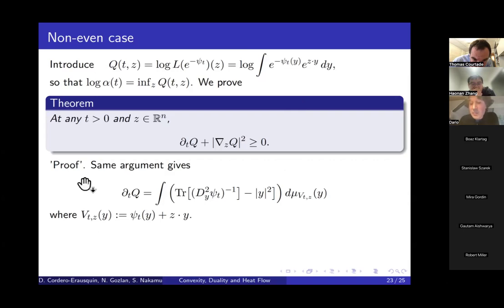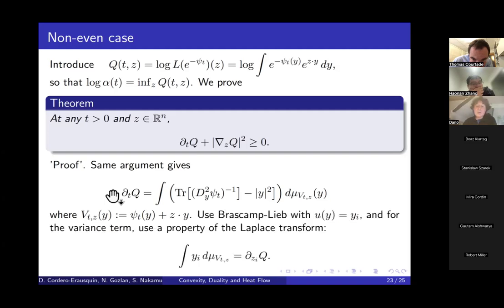So I can again apply the Brascamp-Lieb inequality, but this time the linear functions are not centered, so I have to work with the variance. And now you will use a property of the Laplace transform, because when you apply it to the linear functions you have a variance term, so you have the integral of y squared, and the integral of yi, squared.